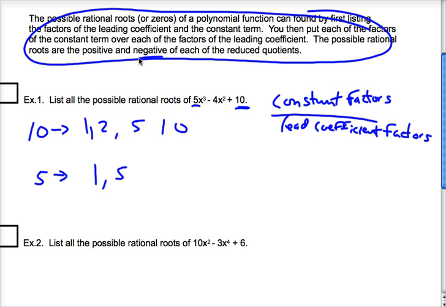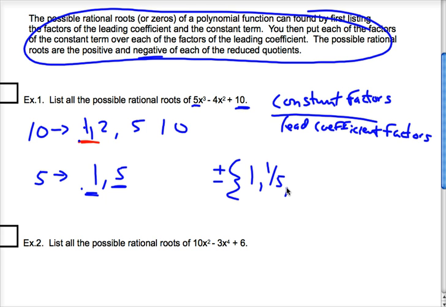So my possibilities are plus or minus, and then I'm going to go through each of the factors of the constant. In this case 1, and put it over each of the factors of the lead coefficient, which are 1 and 5. So I'd start off with 1 over 1, that's 1. Then I'd have 1 over 5. That's a fifth.